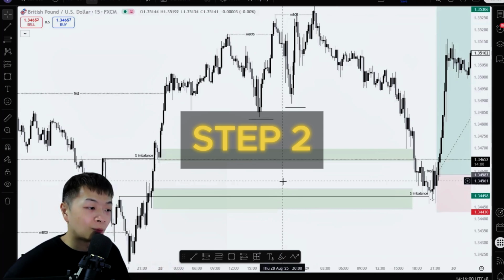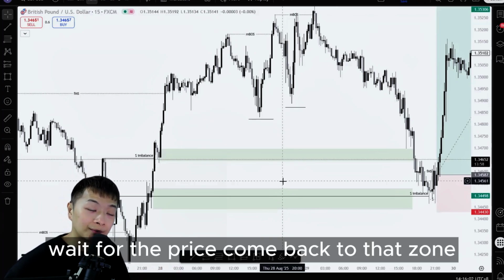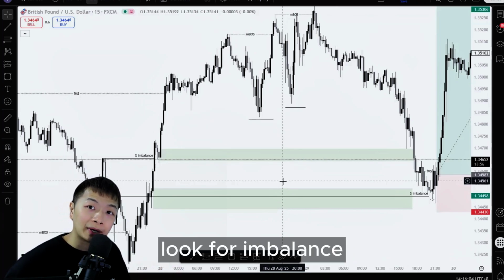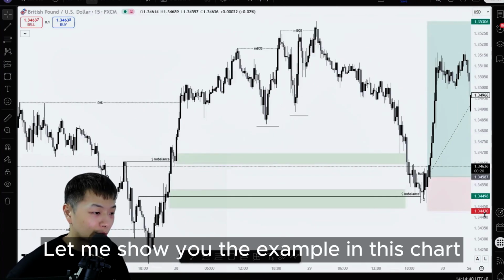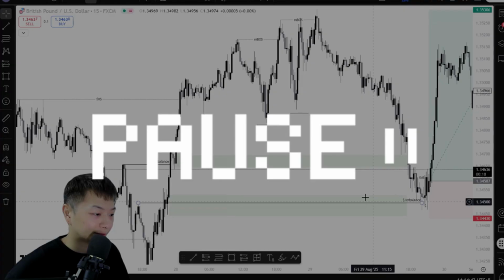Step 2. Wait for the price to come back to that zone. But here's the key. Look for imbalance, also called fair value gaps. Let me show you the example in this chart.